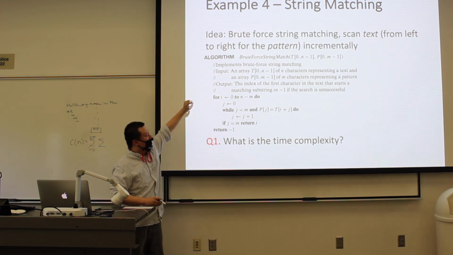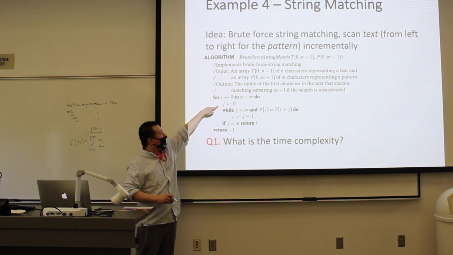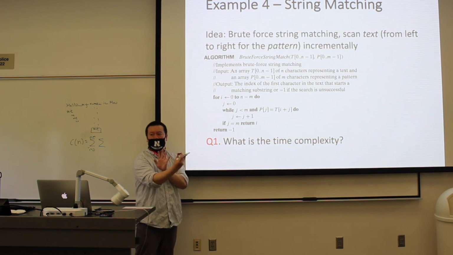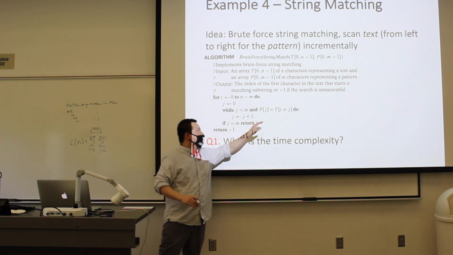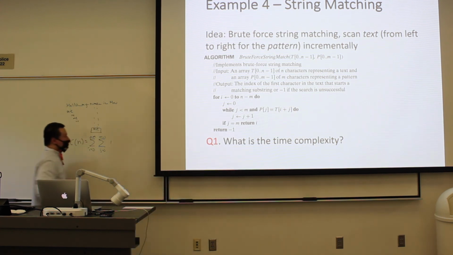The worst case is gonna go from j equal to 0 to m minus 1. Right? The worst case, you can compare everything in this string. And then the comparison is this equality, right? So you're doing a comparison.